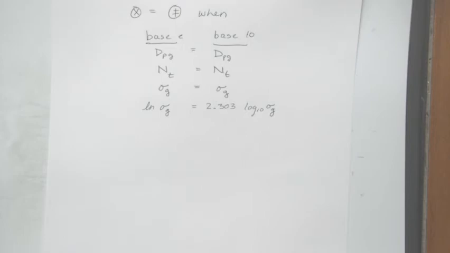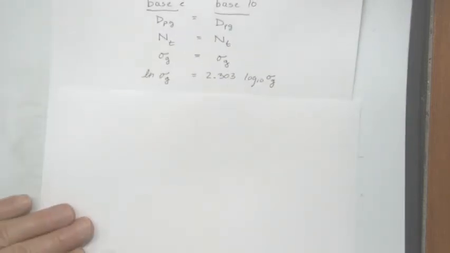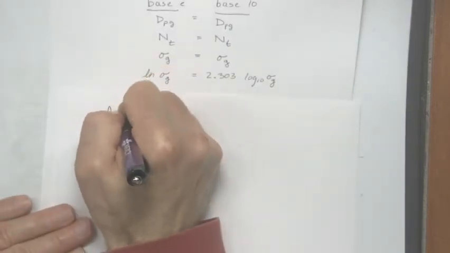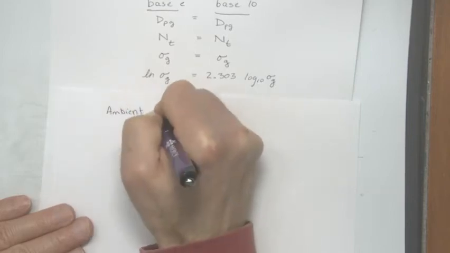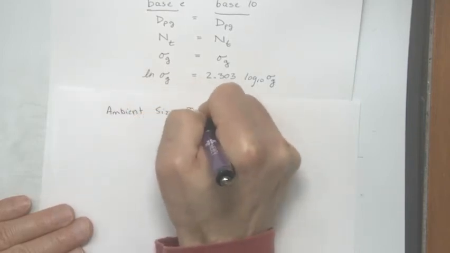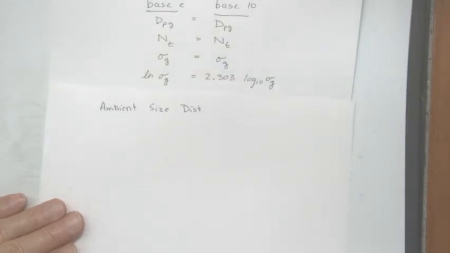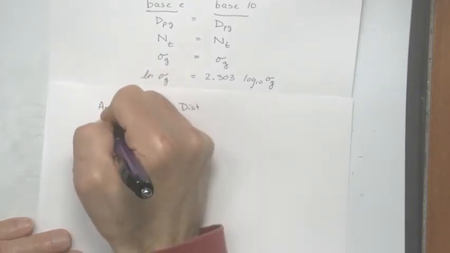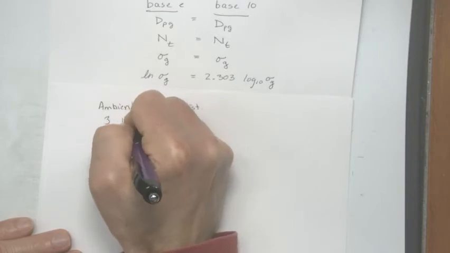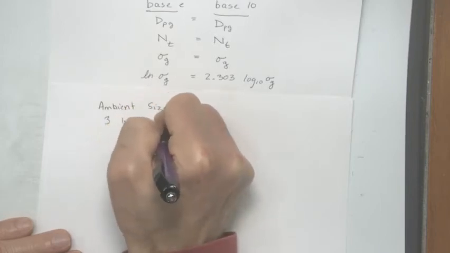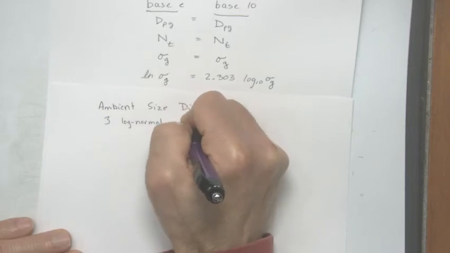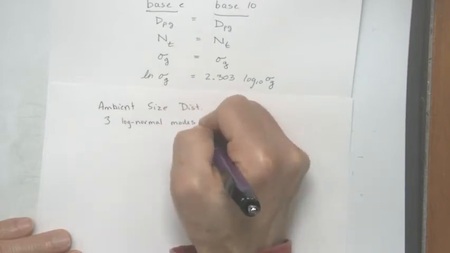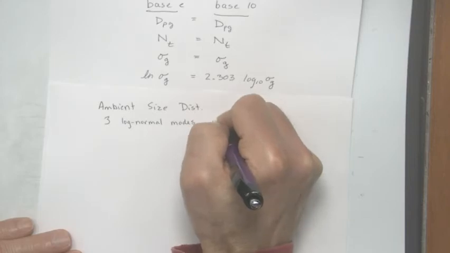So this is a summary of some material from the book on outdoor or ambient size distributions. And it's common to use 3 log normal modes for the volume distribution.